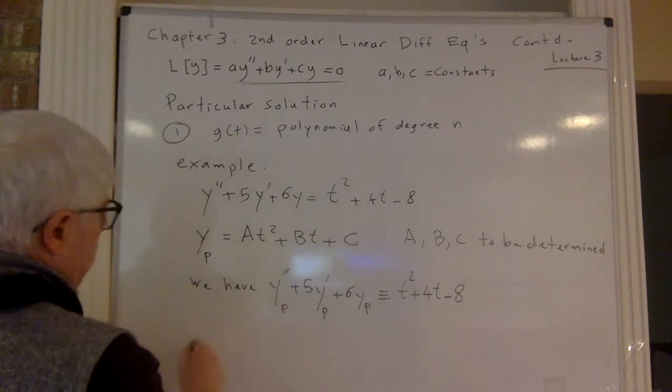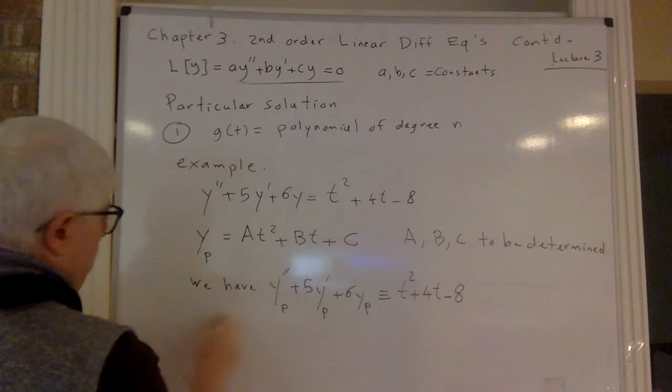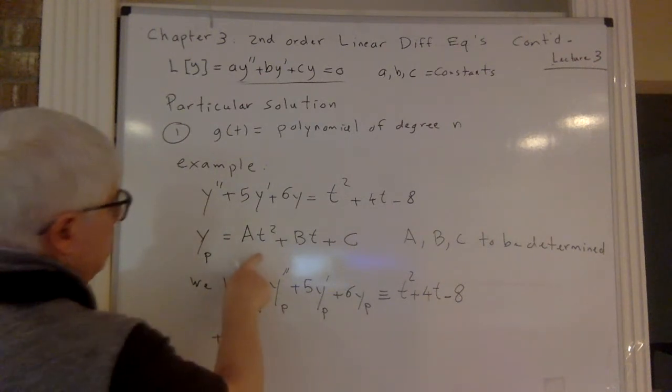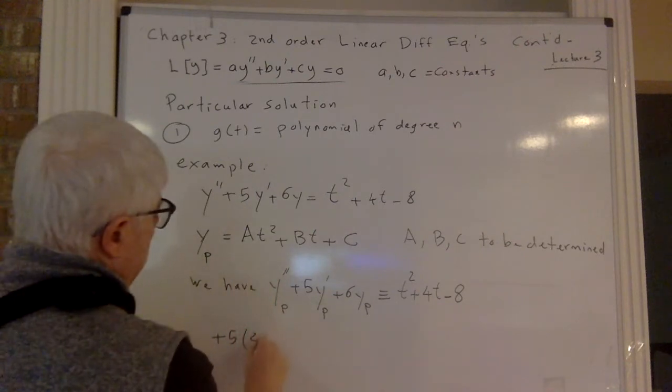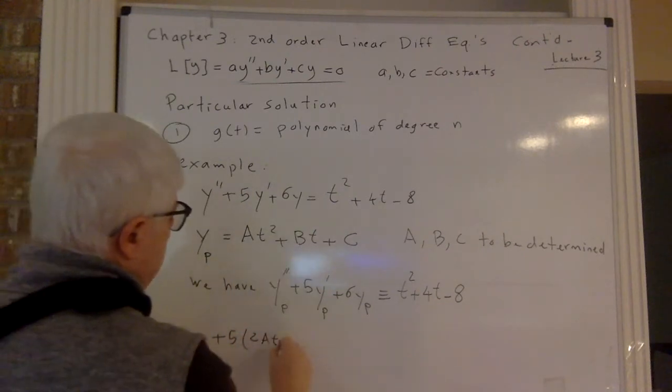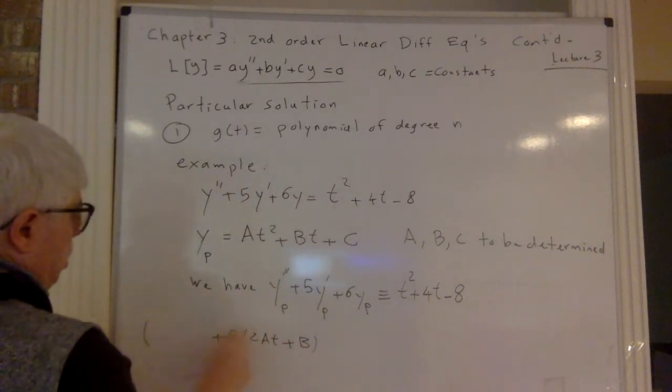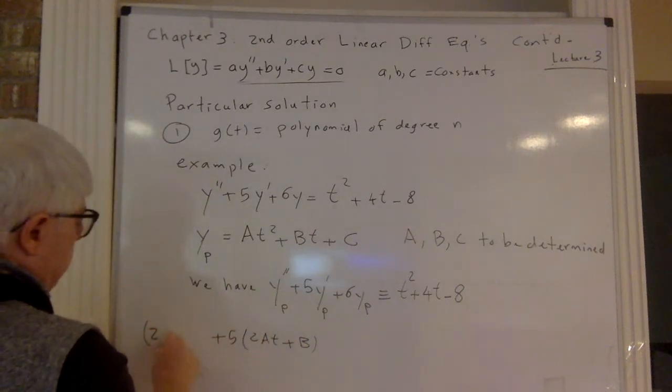So let me just find y prime. y prime is 2at plus b. So y double prime will be simply 2a, right?